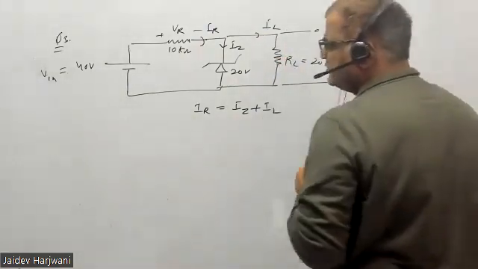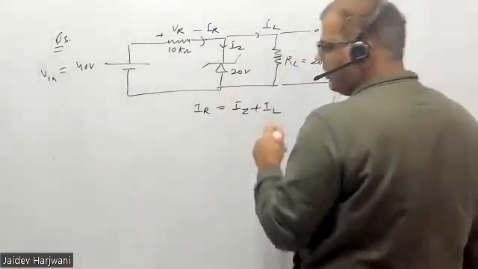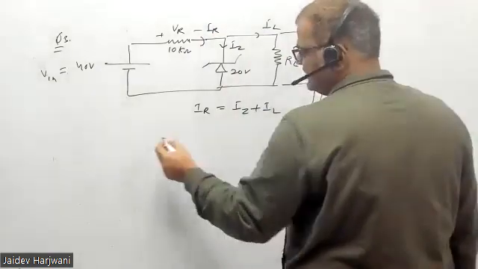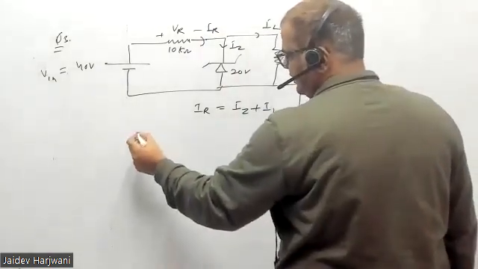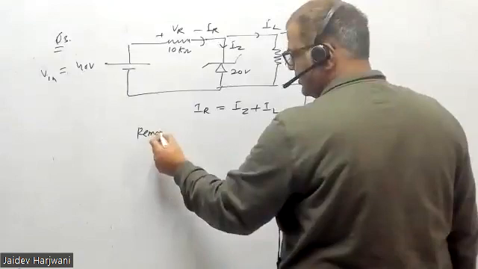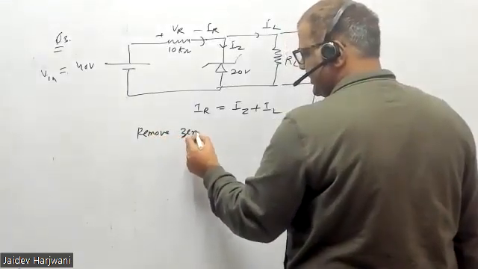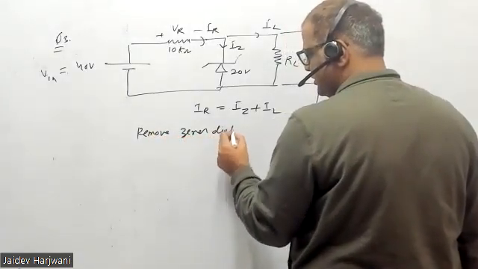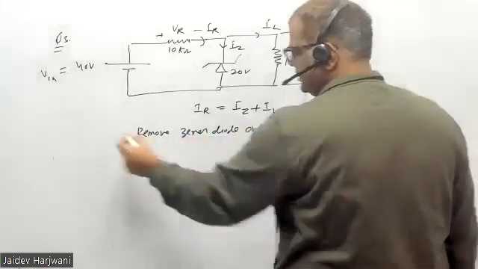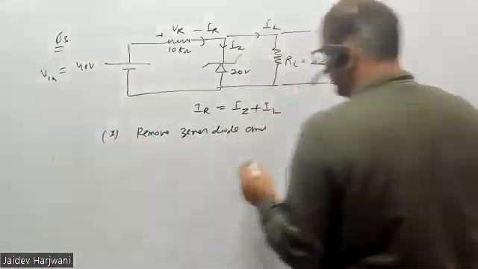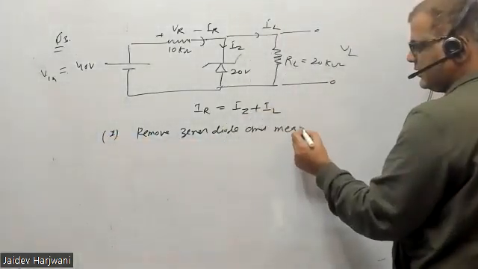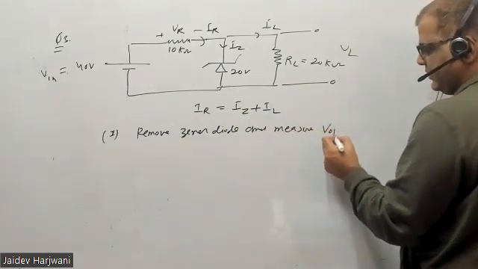So first of all you have to check whether this diode is on or off. So always find V open. So remove the Zener diode, and first thing always measure V open.